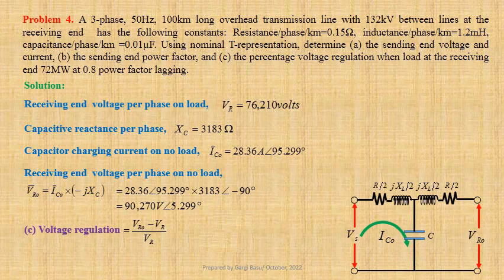Therefore, voltage regulation equals to 90,270 minus 76,210 divided by 76,210. That gives us 0.1845 per unit or 18.45%.